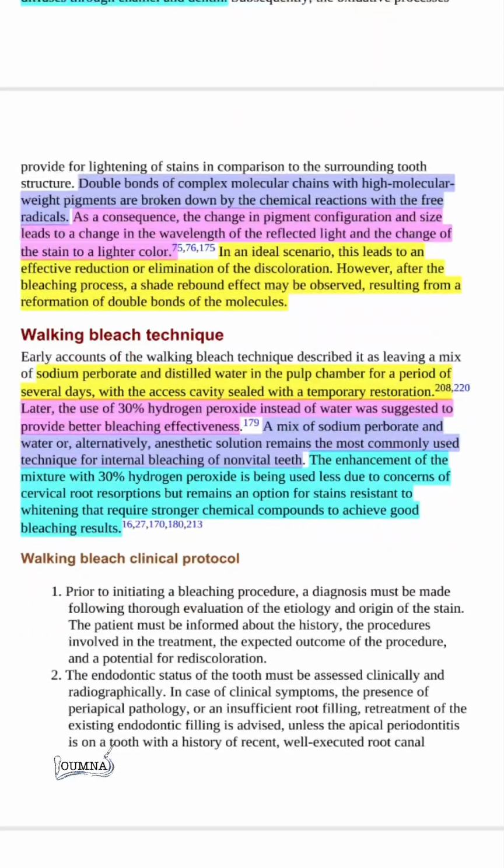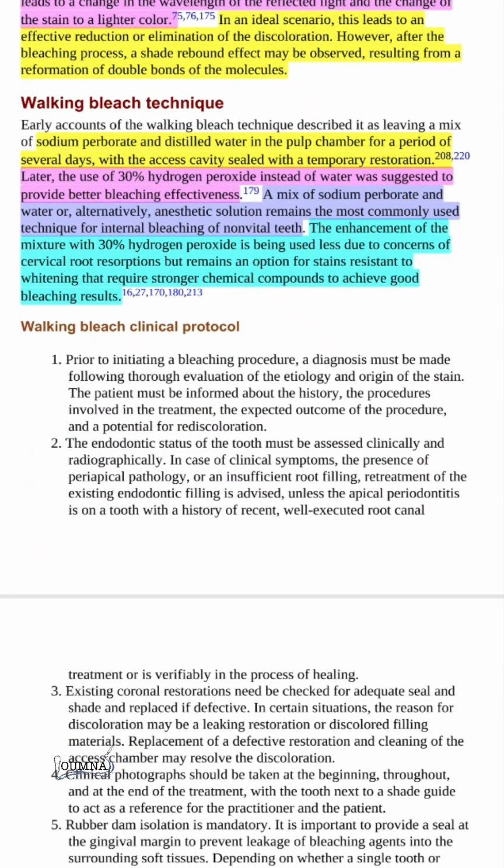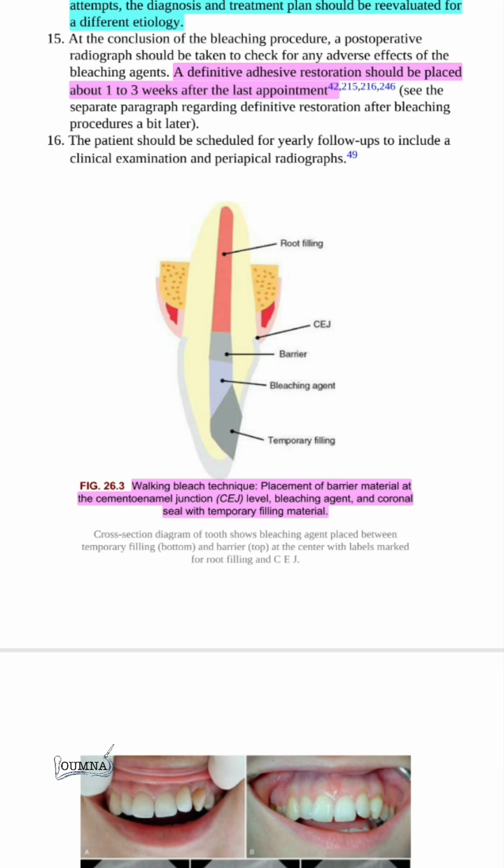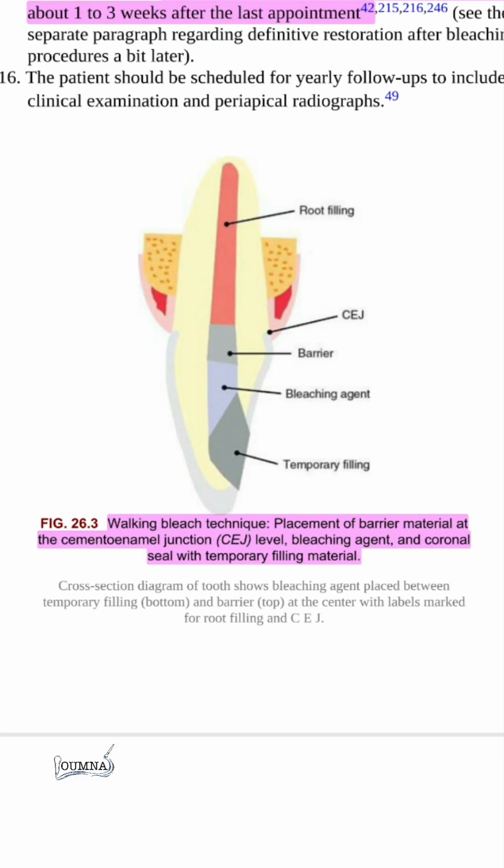Now let's discuss the walking bleach technique. First, we must empty the pulp chamber and the beginning of the root from any filling, and then make sure that no remnants are inside the canal.